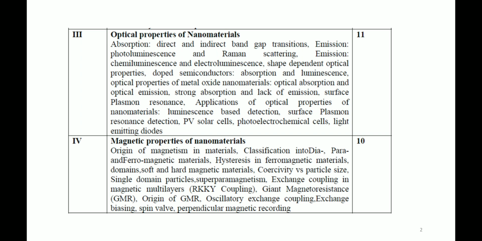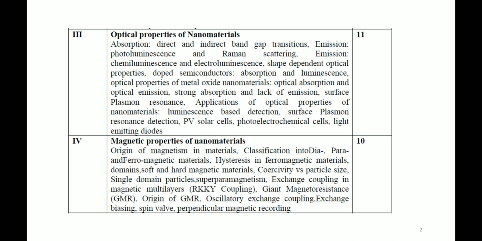On one hand we have to understand the optical properties of metals, like gold. As you are aware, gold in the bulk is yellow, but when we go to the nanoscale, you have different colors of gold: blue, red, yellow. So these are the different optical properties of metal.